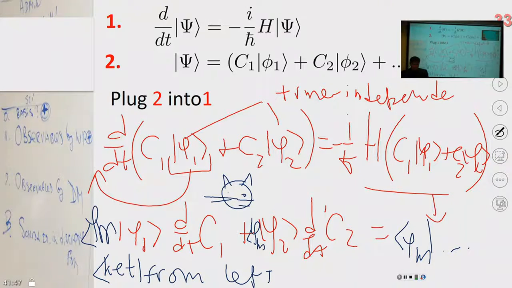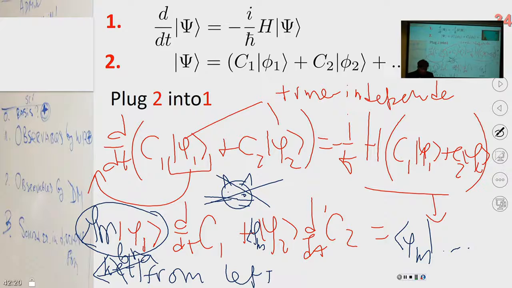Why are we doing it? Because due to orthogonality, no, I was doing it wrong. It's a bra. No one corrected me. No one wants extra points, or no one is following. So bra from the left, right? So we multiply the bra from the left. And then, due to orthogonality, these terms will convert into numbers.